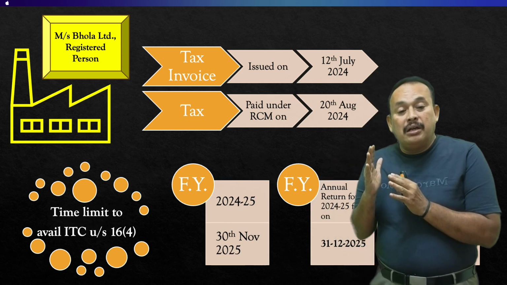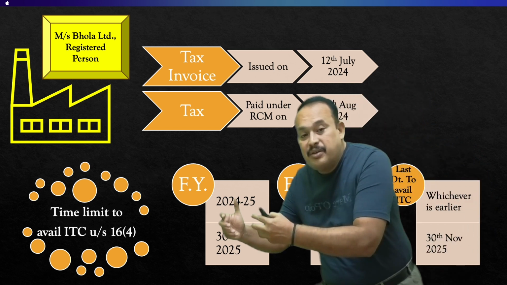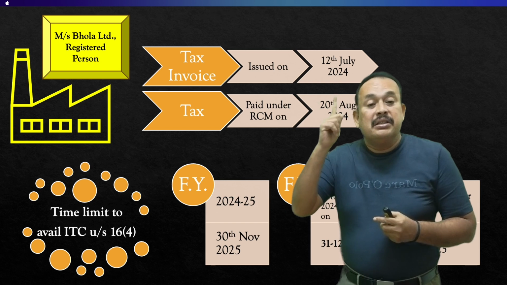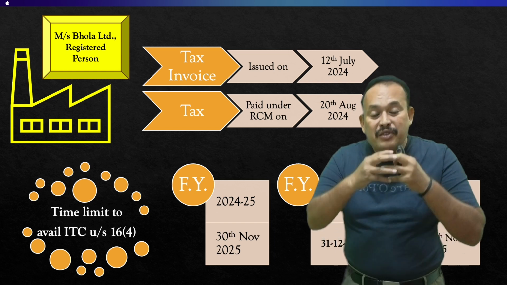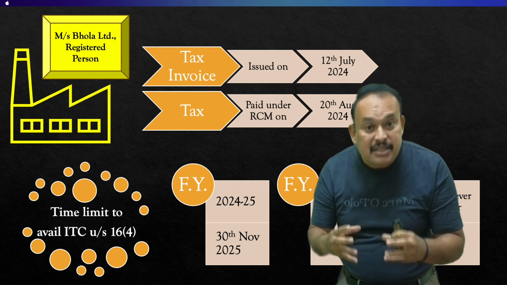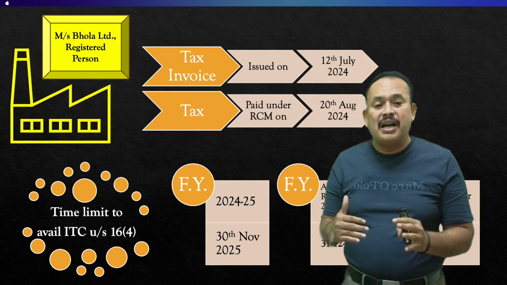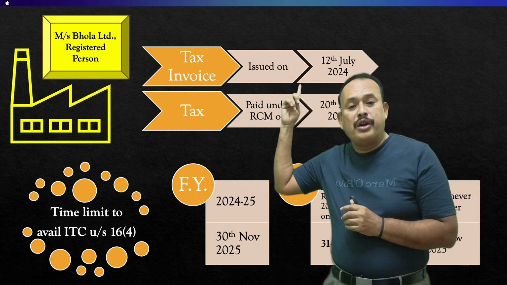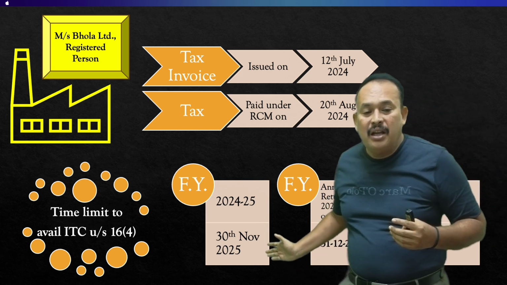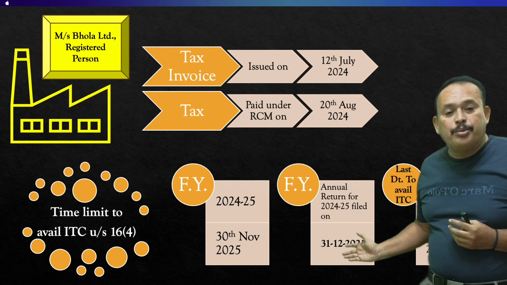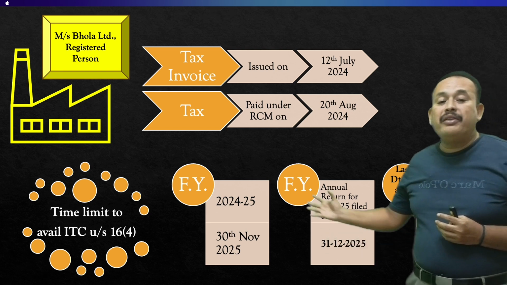The financial year in which they issue the invoice is the relevant financial year, and since the invoice was issued in 24-25, they have the time limit up to 30th November 2025, or the annual return filing, whichever is earlier.